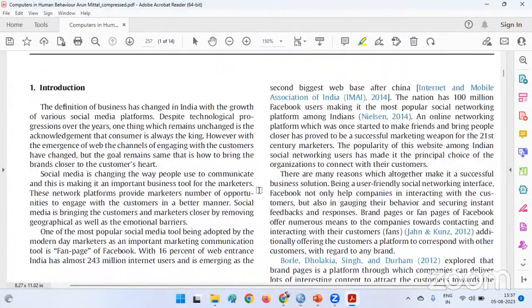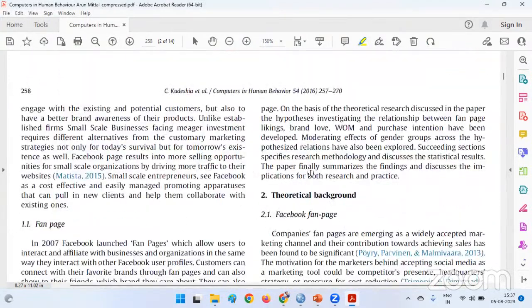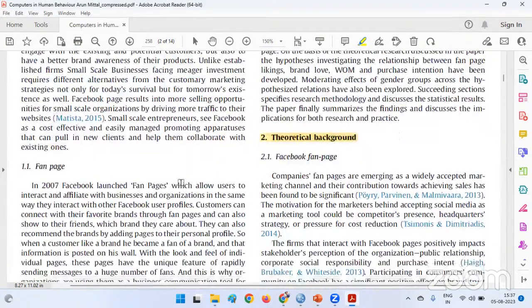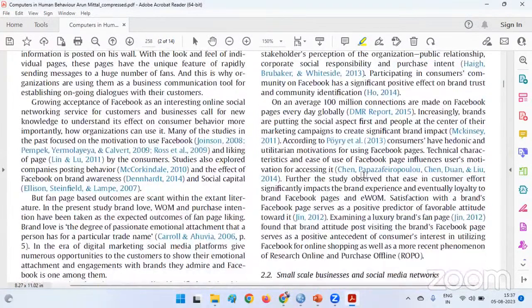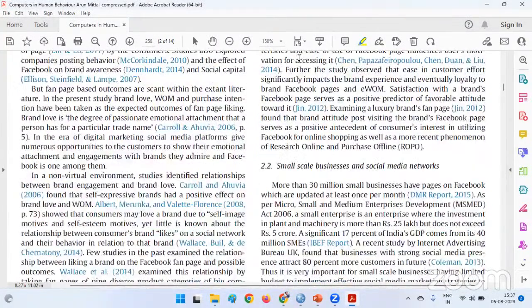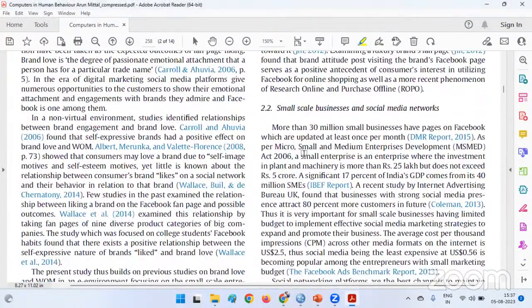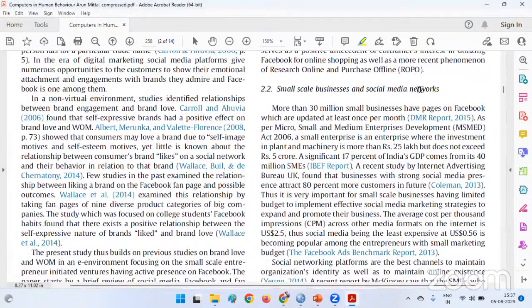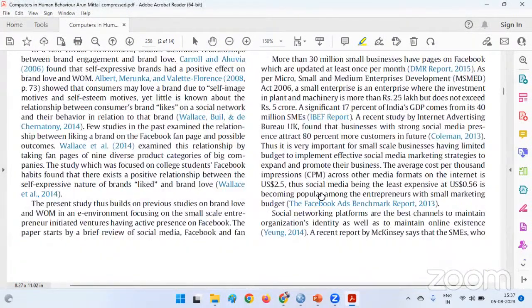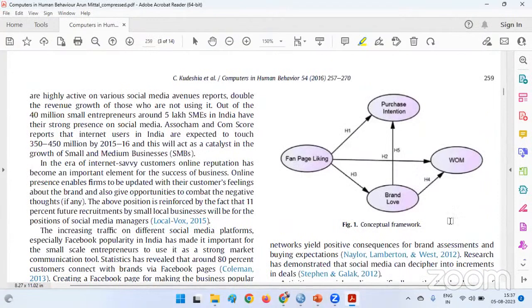Then there is an introduction, then theoretical background. What is a Facebook fan page? Theoretical background is more or less a type of literature review. Small scale business and social media networks. Then this is the conceptual model, which is very important. Fan page leads to purchase intention, leads to brand love, and leads to electronic word of mouth.